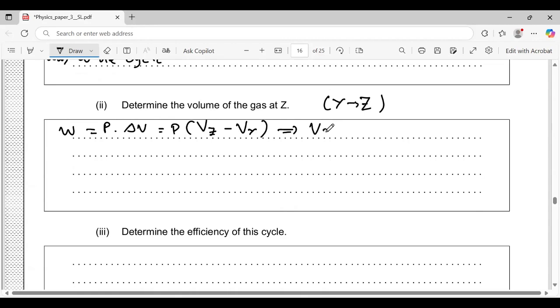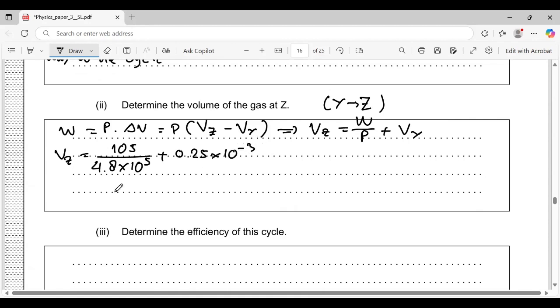It becomes like this: Vc equals W over P plus Vy. So Vc equals 105 over 4.8 times 10 power 5, plus 0.25 times 10 power minus 3.